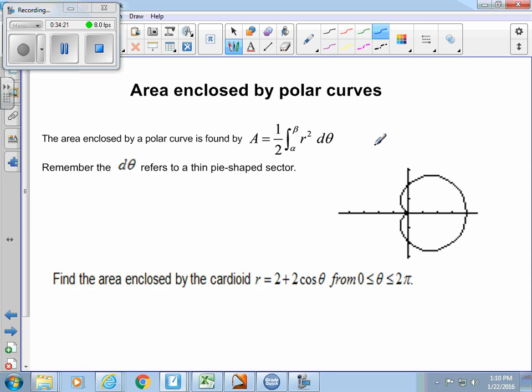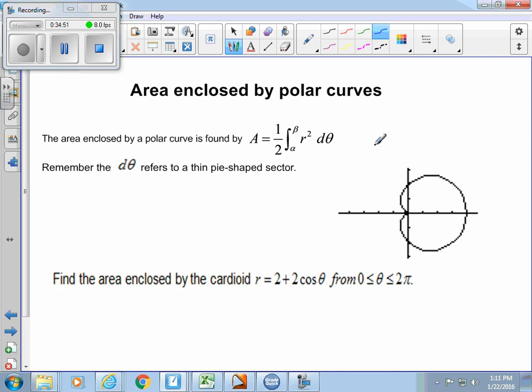The area enclosed by a polar graph is the integral from angle 1 to angle 2, depends on where we're going, of 1/2 r squared d theta. We're doing teeny tiny angles, finding teeny tiny areas of sectors of circles, and adding a bunch of them up. Sounds like an integral to you, doesn't it? And that's how you find the area of a polar graph.